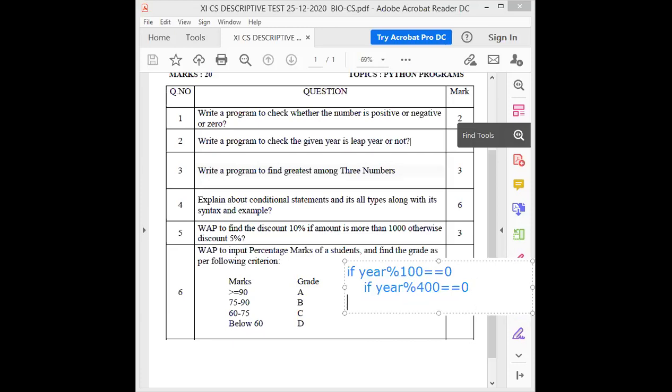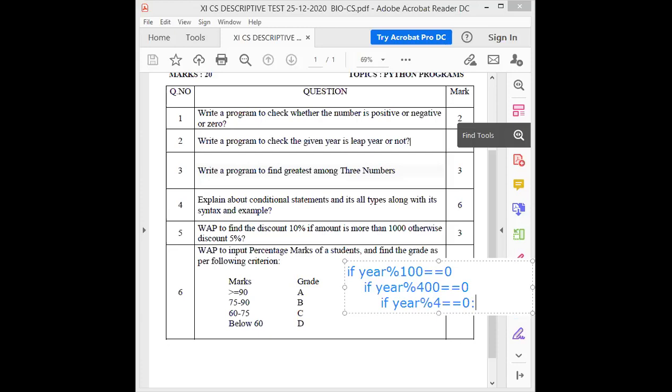And another one, the third condition, is that the year should be divisible by 4 with the remainder equal to 0. Okay, these are the three conditions we should implement.